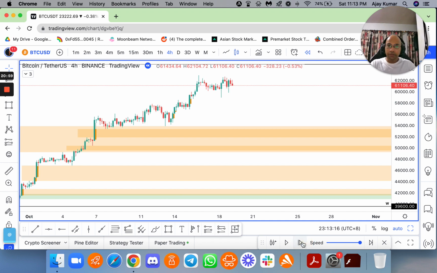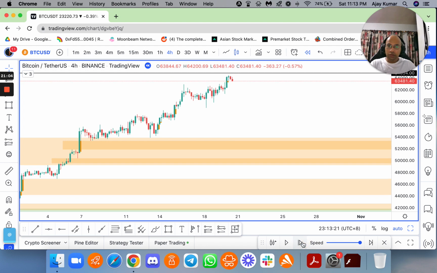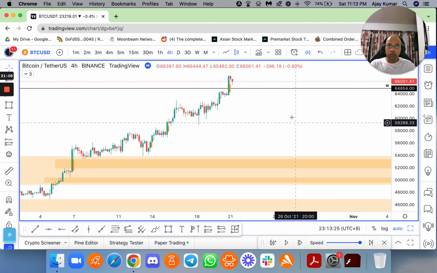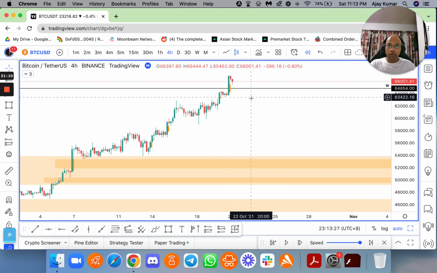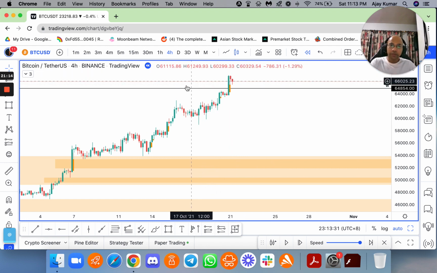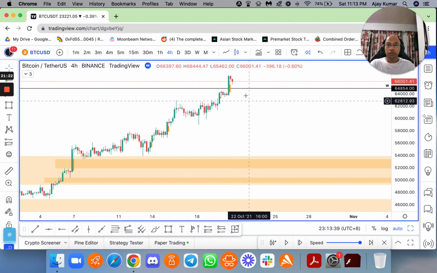Okay, it took out its high. Again, ideally I would like to see a sweep with a wick, but it did it with a whole candle.